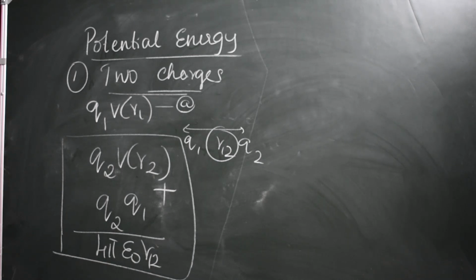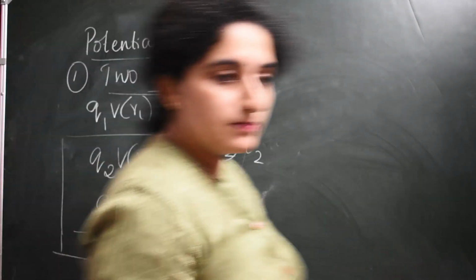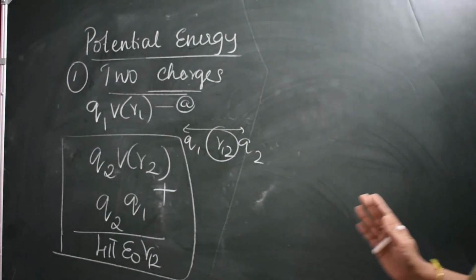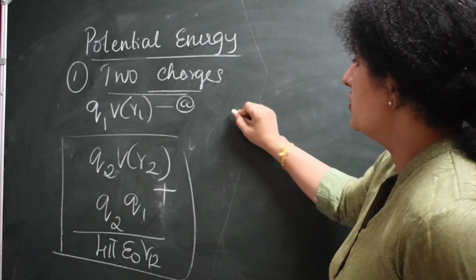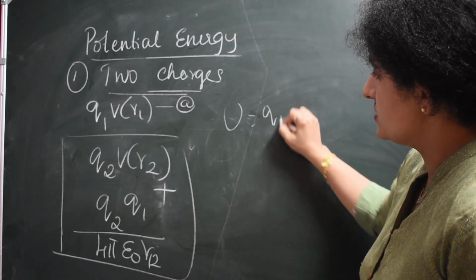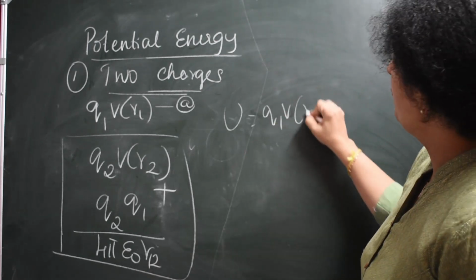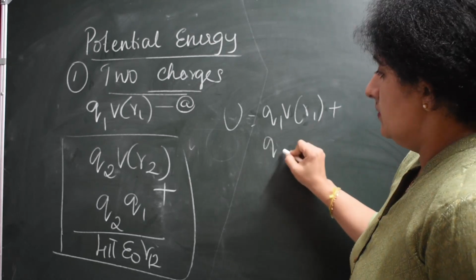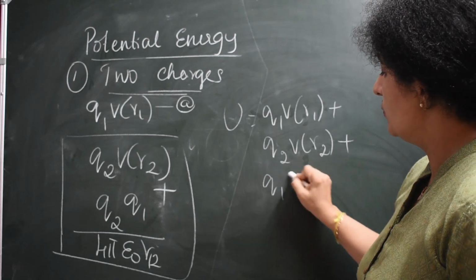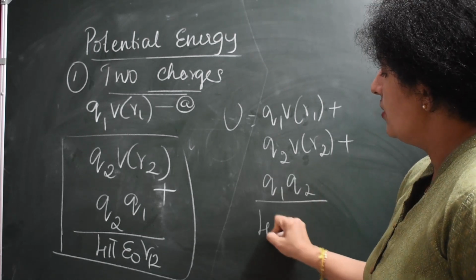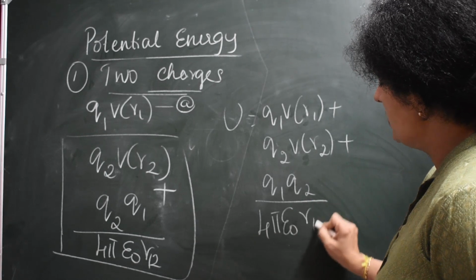So that means the total work done in assembling these two charges is given by the configuration of, or you have to add, these three equations. So the total potential energy, let me represent it as U as usual, is V of R1 plus V of R2 plus Q1 Q2 divided by 4 pi epsilon naught into R12.